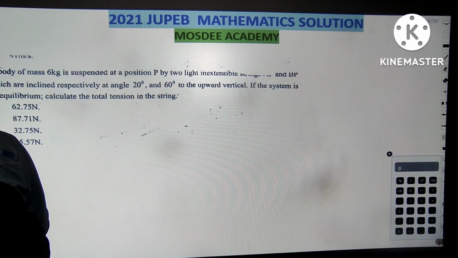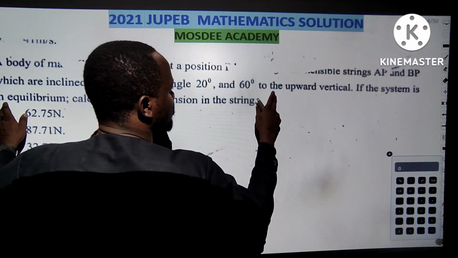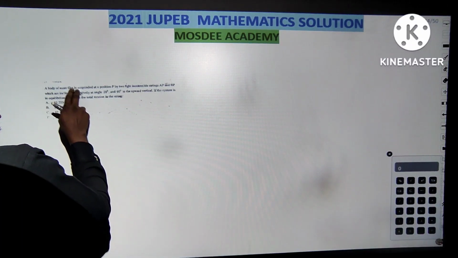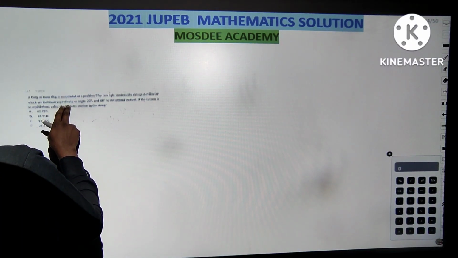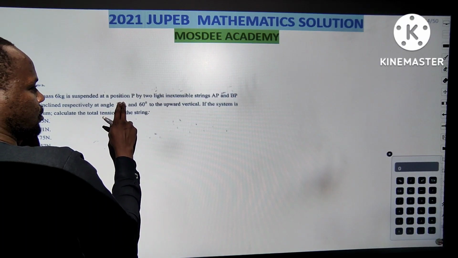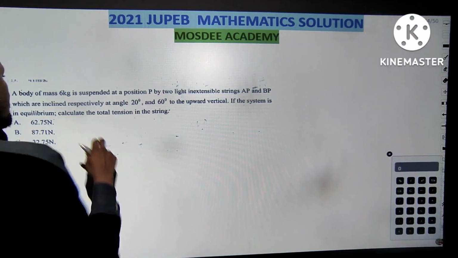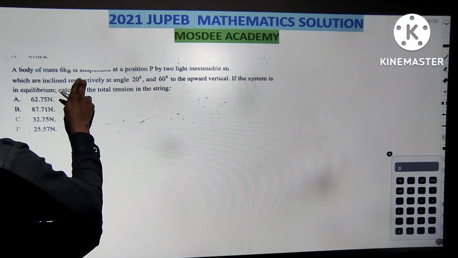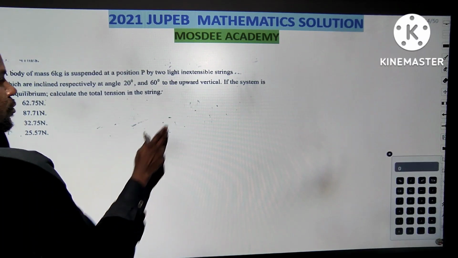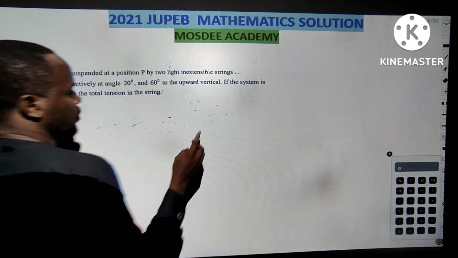I want to move this away for you to see clearly what I'm trying to do. I'm having technical issues here. You just have to manage with what I'm trying to do. If I'm not drawing and it's not showing, then you have to do the question yourself.